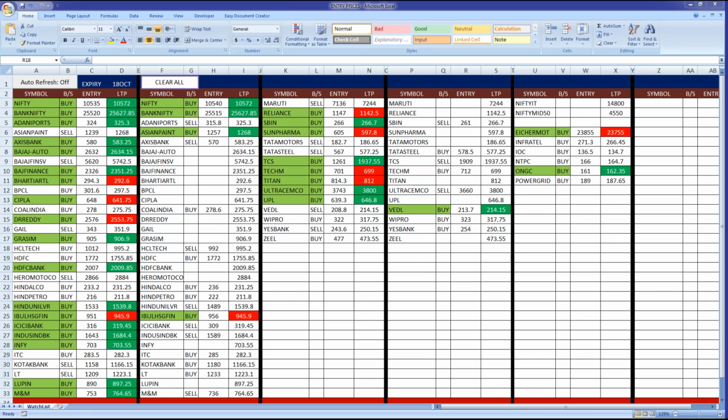I have a call in Bajaj Finance, which is already in profits. Bharti Airtel is under slight loss. I have a call in Tata Motors, which is a buy call, and my buy entry is 188.